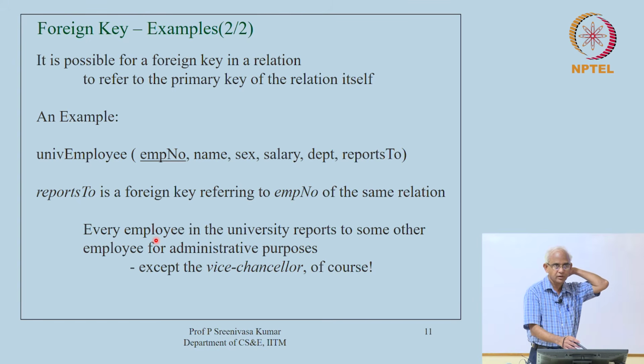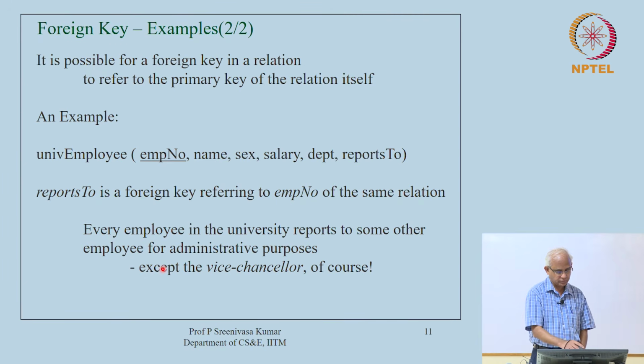In this case, the information about all the employees is in the same relation, so reports to has to refer to the same relation instance. So, here is a foreign key that refers to the relation itself. Here is the normal key, and here is a foreign key that refers to the same relation.